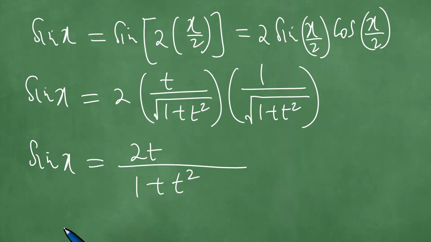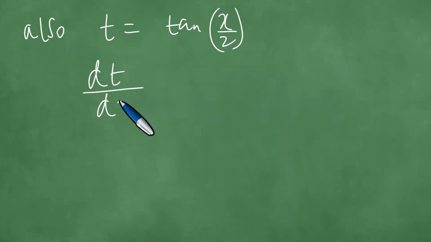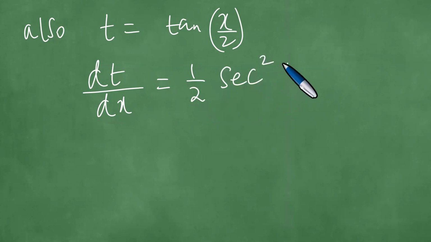But we take note of the fact that also t is the tangent of x over 2, and we can find the derivative of this. Let us find the derivative with respect to x. The derivative of the tangent is the secant squared of x over 2 by the chain rule, and the derivative of x over 2 is just 1/2.